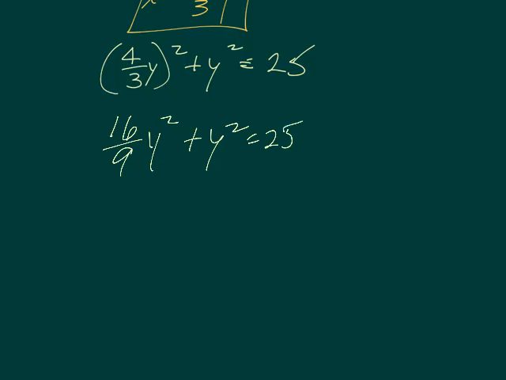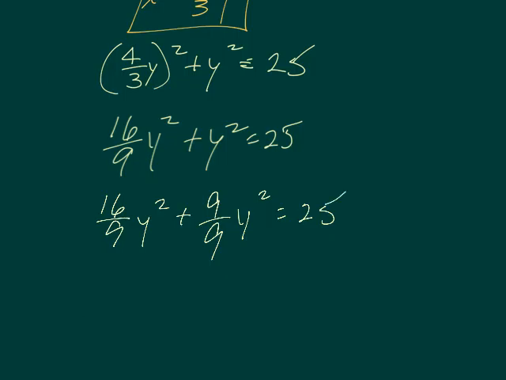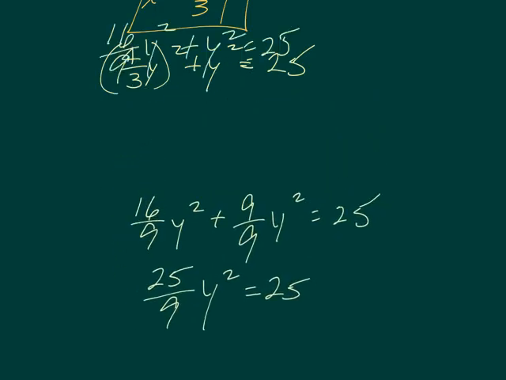And when we add our two y squareds, this one plus this one, this is 1/1 or 9/9. So we actually have 16/9 y squared plus 9/9 y squared equals 25, which gives me 25 over 9 y squared equals 25. So not doing anything really difficult here, just a little bit different.